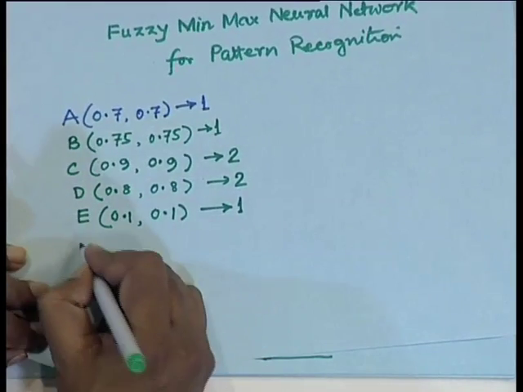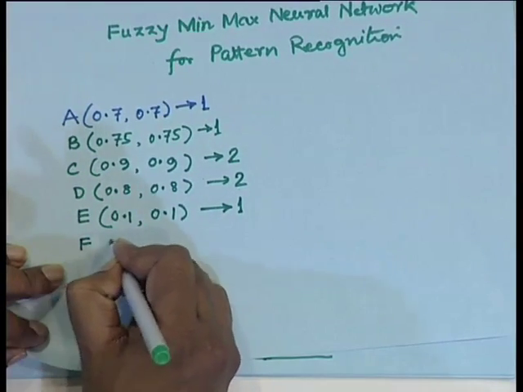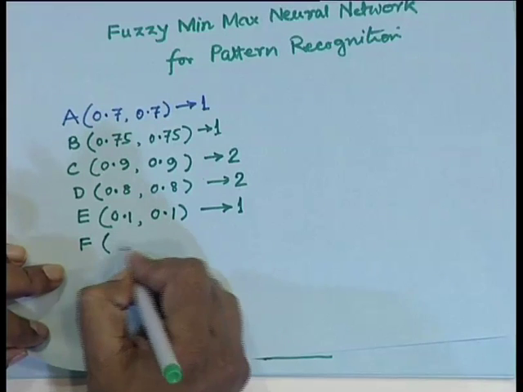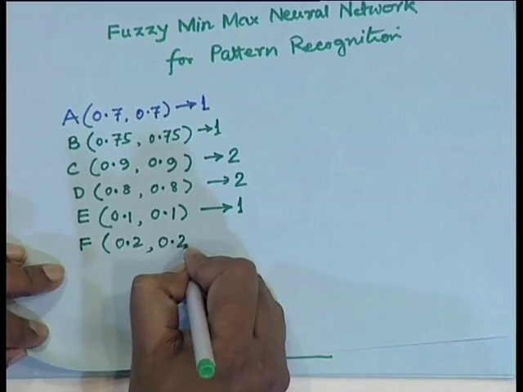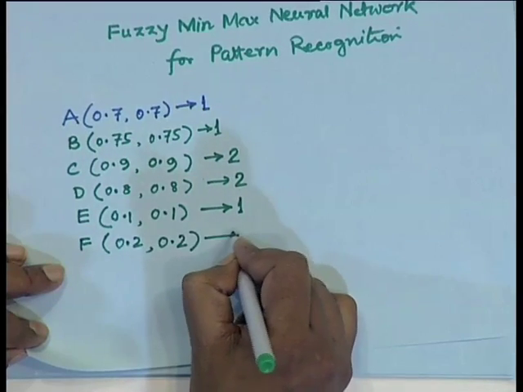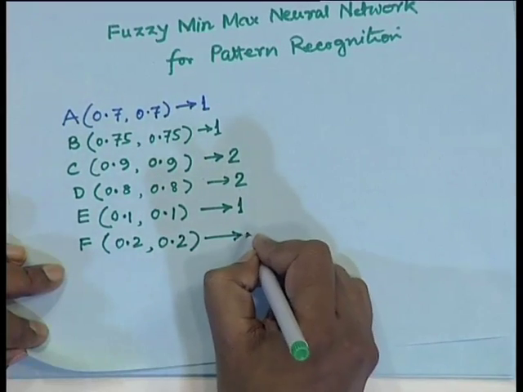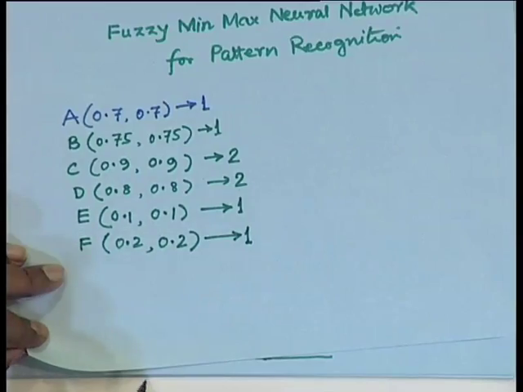So, then let us consider the other point, that is point F, whose coordinates are 0.2, 0.2, and this point also belongs to class 1.